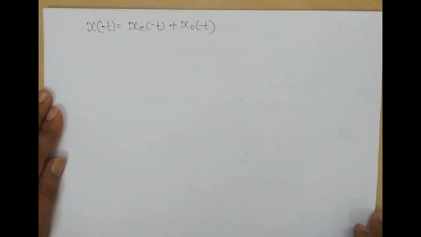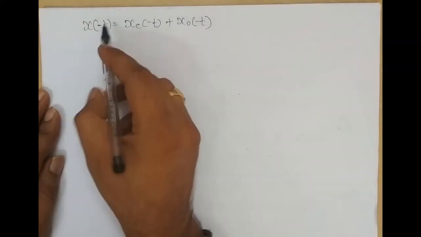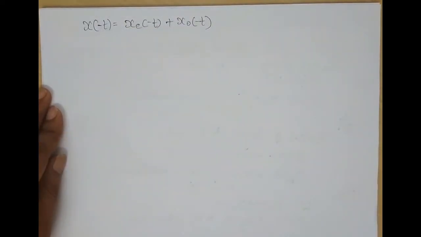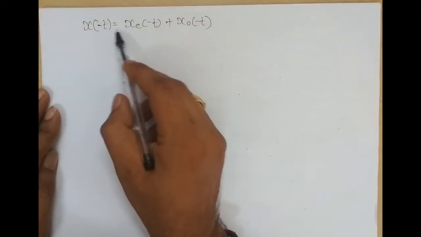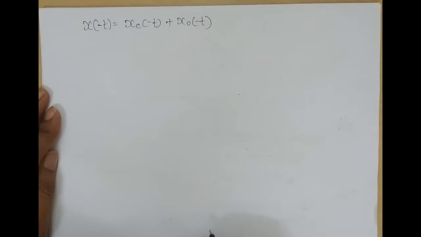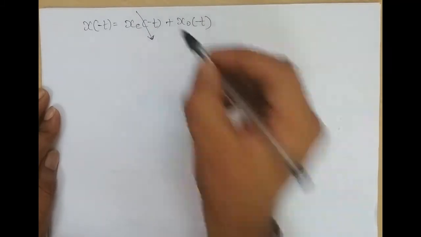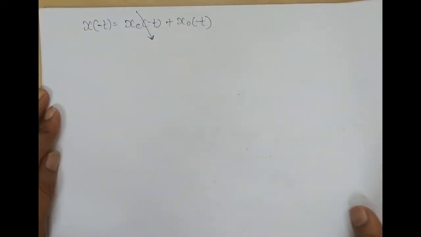So what we had, x of t is equal to xe of t plus xo of t. Since I am replacing t by minus t, I end up with x of minus t is equal to xe of minus t plus xo of minus t. Okay. Now what is this? Since it's an even signal, what is xe of minus t?